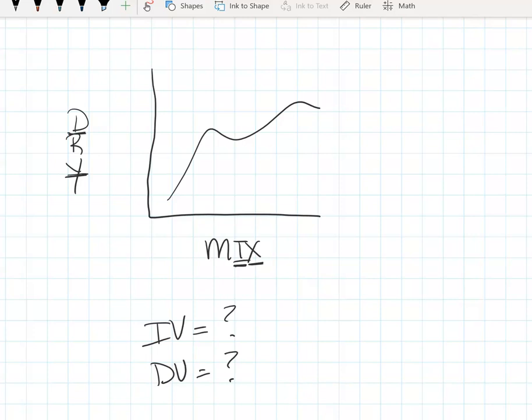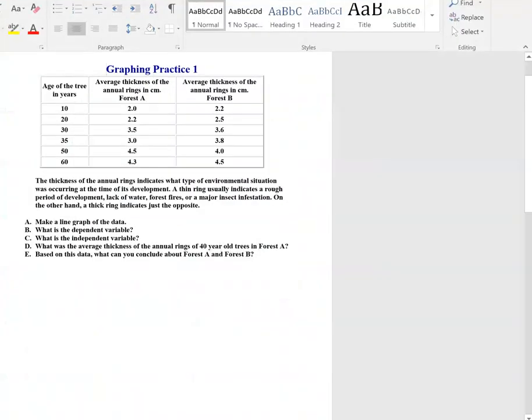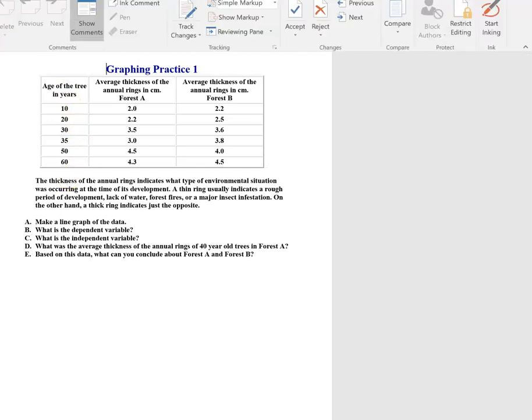So let's take a look at some practice problems here that you are going to be working on. You will be working on this particular worksheet here. And for this one, you have a sequence of data. So this is going to be a line graph.